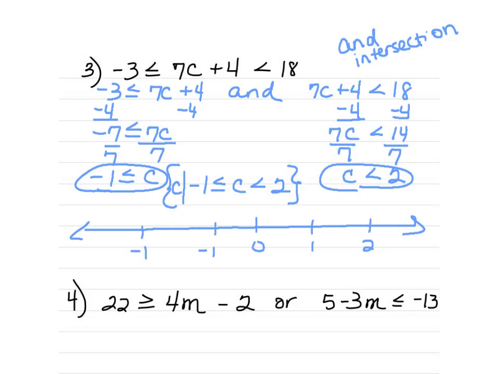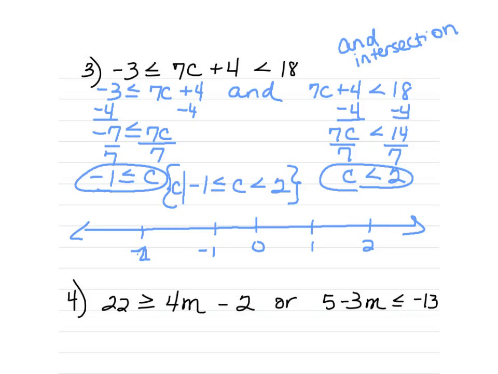Negative 1 is less than or equal to c. That means that c is everything greater than negative 1. So we're going to have, hang on a second.